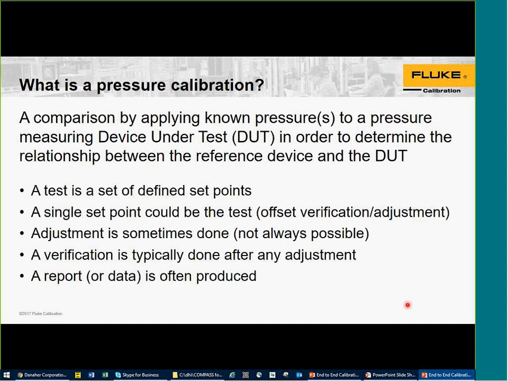It's done, but not always, and particularly, it's not always possible with some devices. After we make an adjustment, we do a verification whenever possible, and in the precision measurement calibration business, we provide a report or data to customers.